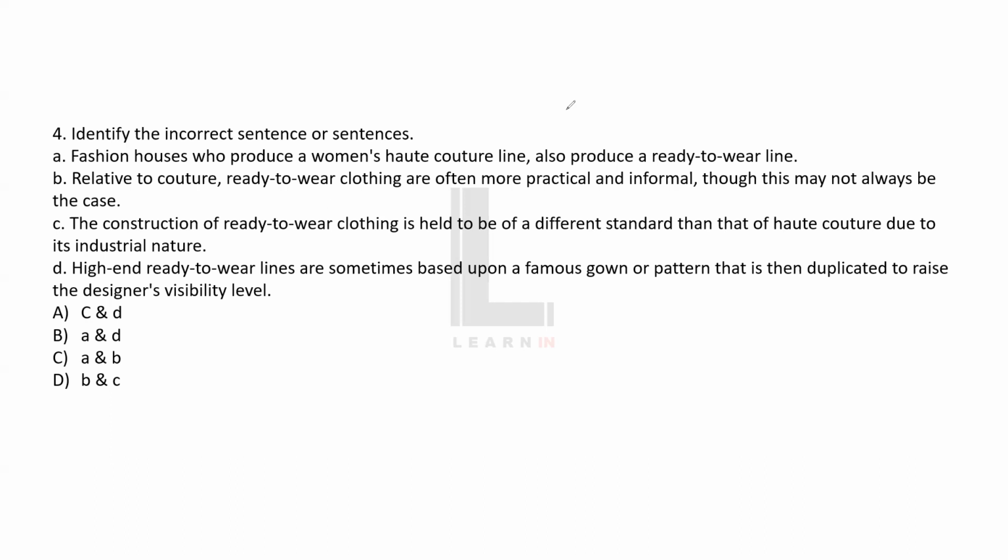One of you is correct. Also produce is not wrong. You had to choose the incorrect one. This question is correct. Now, also produce a ready to wear line, right? This is not wrong. What is wrong here is who.